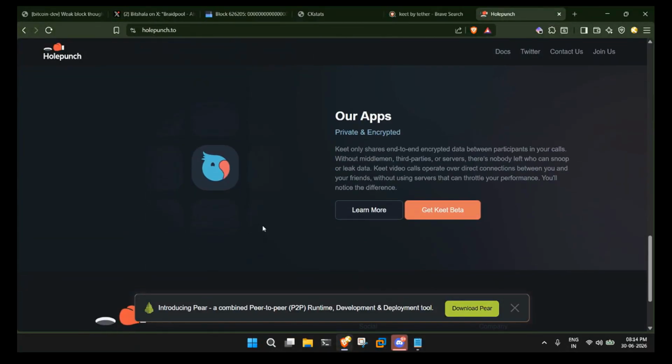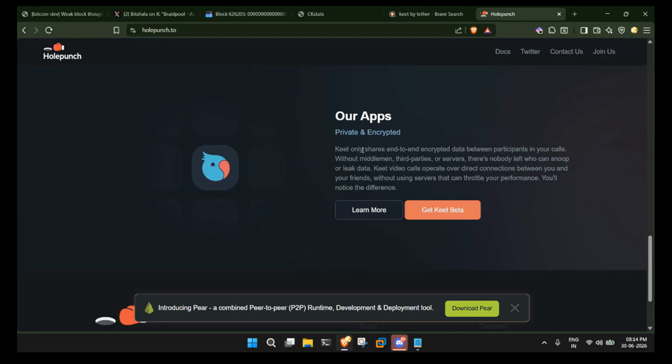There are so many apps. You can see Keet. Keet is nothing but an end-to-end encrypted app, think like Discord, WhatsApp or Telegram, which have some server, right?